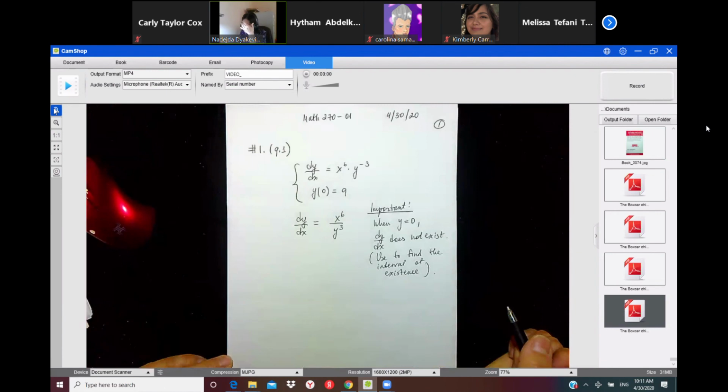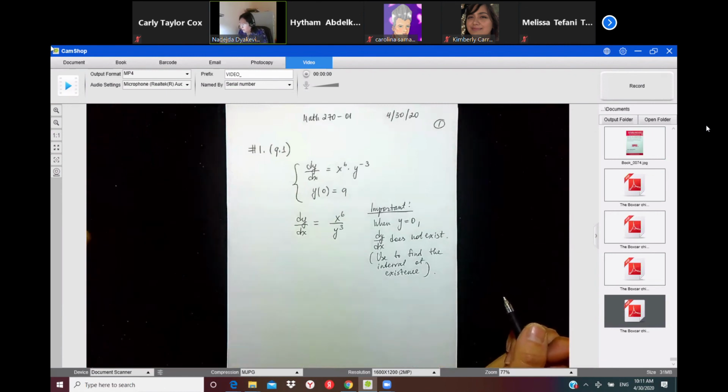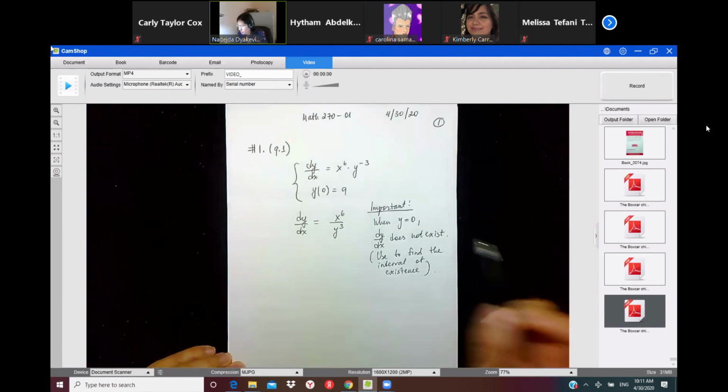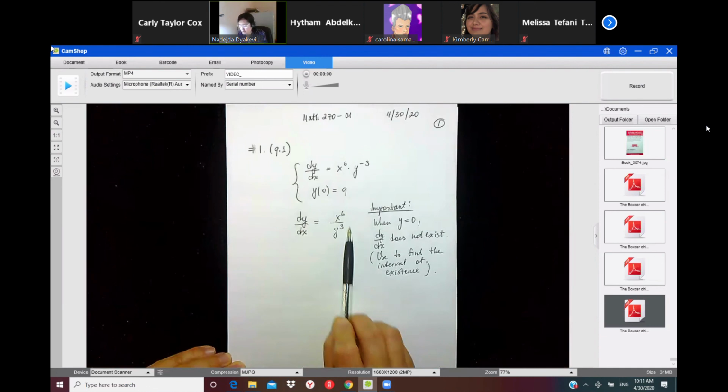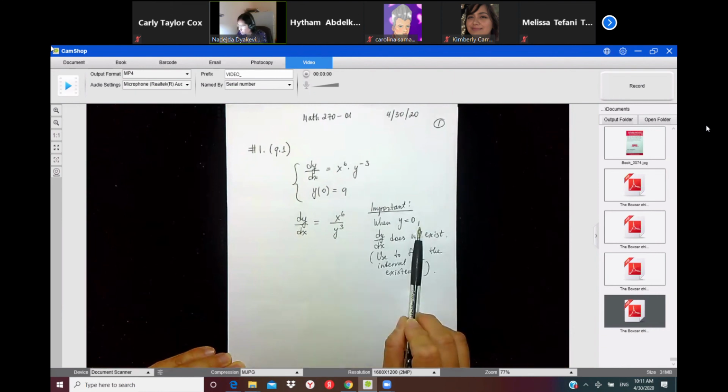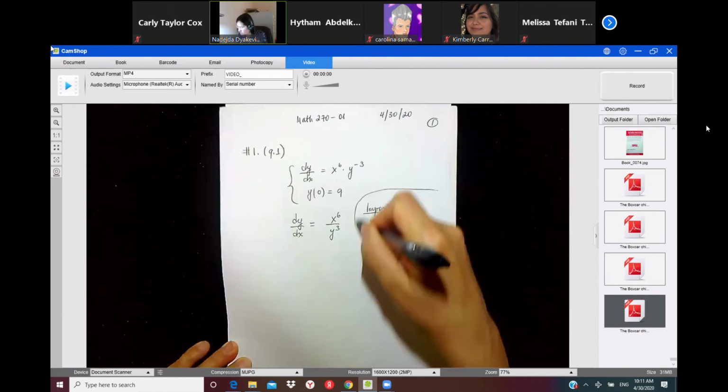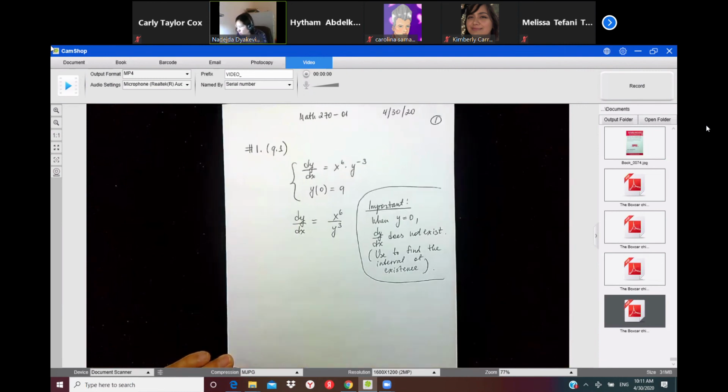Okay, so perfect. We observe again, derivative dy/dx does not exist if y is 0. So we made this observation, and we're going to return to this when it's time to find the interval of existence. To solve this, we're going to pretty much cross multiply, right?